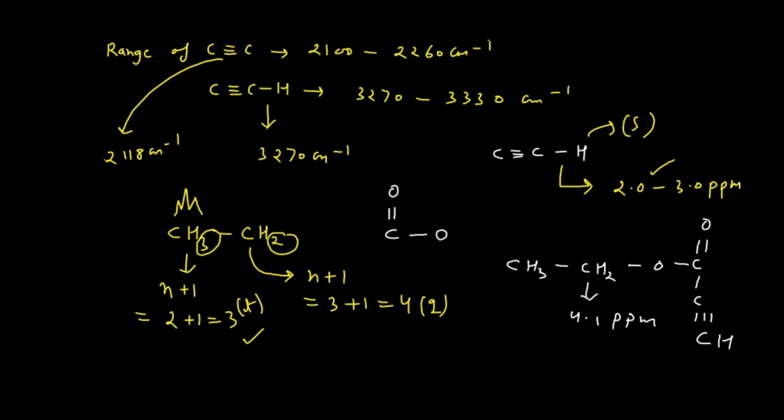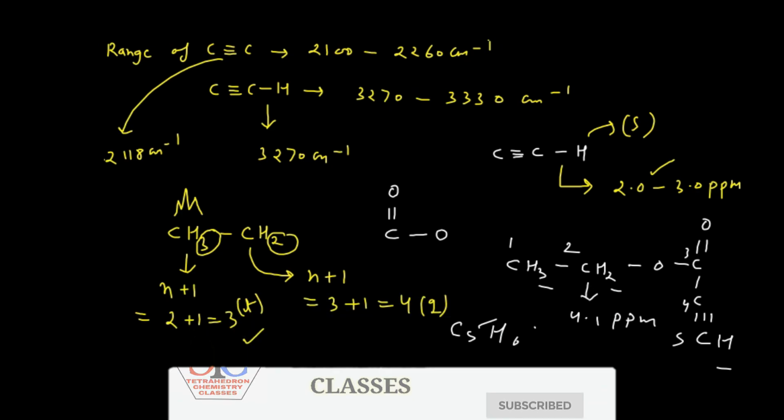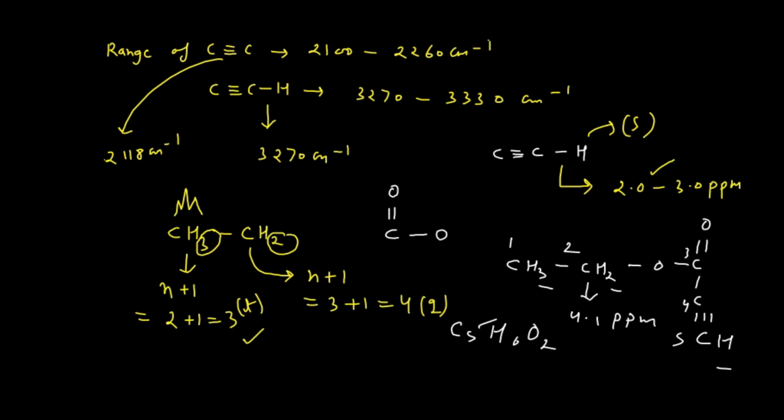If you count the total number of atoms, carbons: 1, 2, 3, 4, 5. Five carbons are there, hydrogens: 3, 5 and 1, 6. Six hydrogens are there, and 2 oxygen atoms. So this structure corresponds to the molecular formula as well. So this looks like a correct structure.